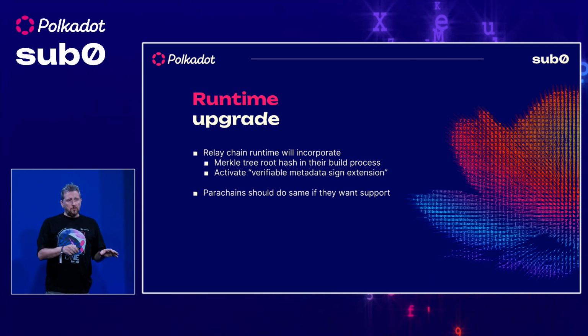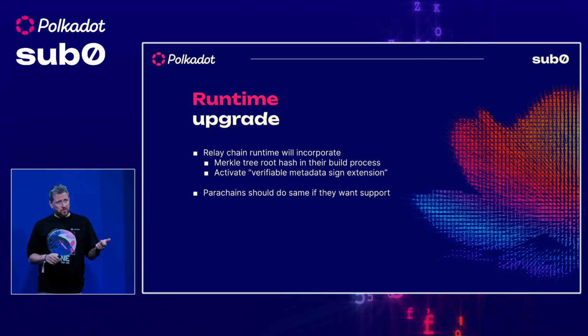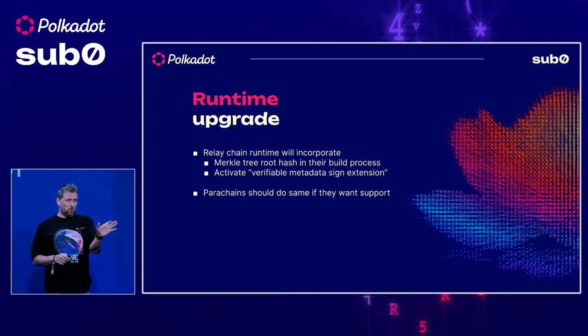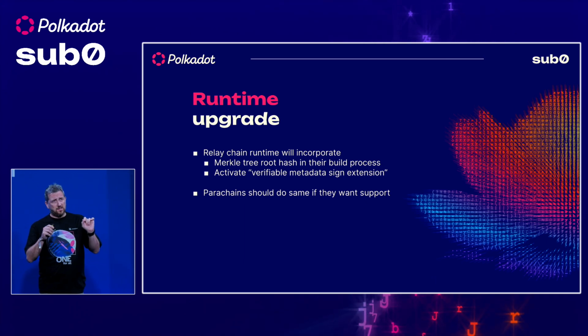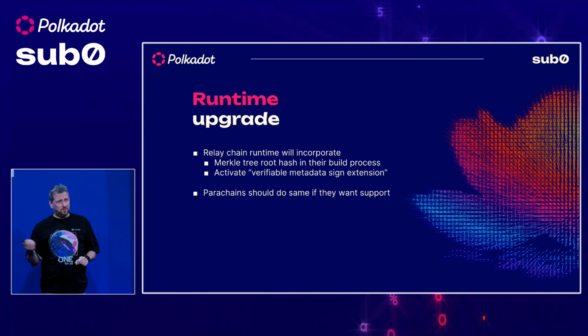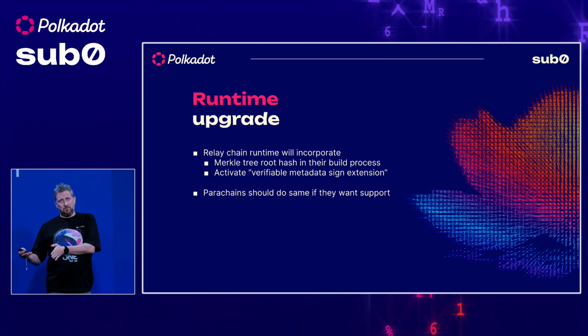In order to have verifiable metadata, we need to get this Merkle tree root as part of the sign extension in the runtimes. This is something that Basti and other people in Parity have already been working on, but we still need the runtime upgrade to happen.